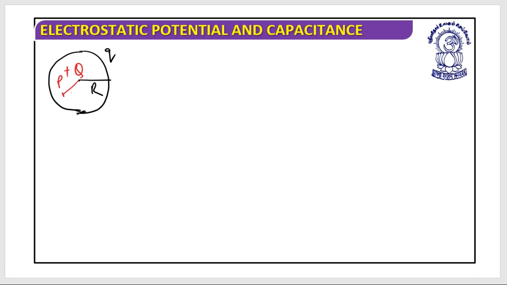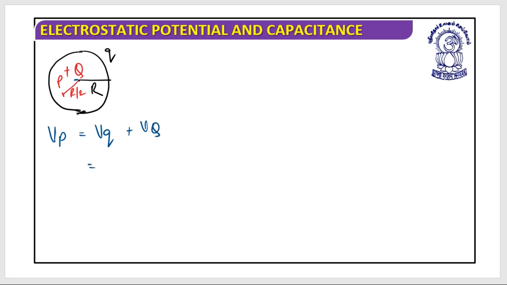This is point P, which is at a distance of r by 2 from the center. So what I need to do is write the potential due to both the charges. Small q is the charge of the shell, and the charge at the center is the point charge. So the potential at P is the potential due to q plus the potential due to capital Q.